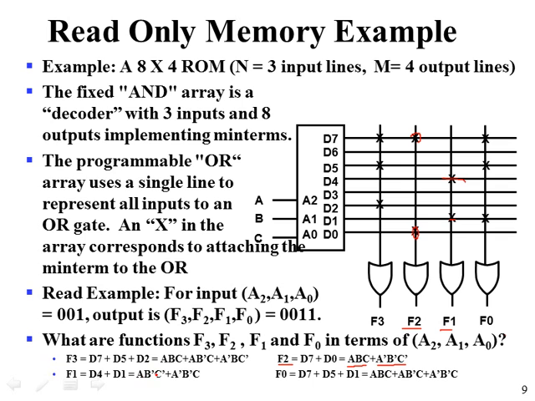D4 means 1, 0, 0. D1 is 0, 0, 1. And for F0, we have three minterms, D1, 5, 7. So using read-only memory, once the truth table is given for the function, we can easily configure the OR part to implement the required function expression.